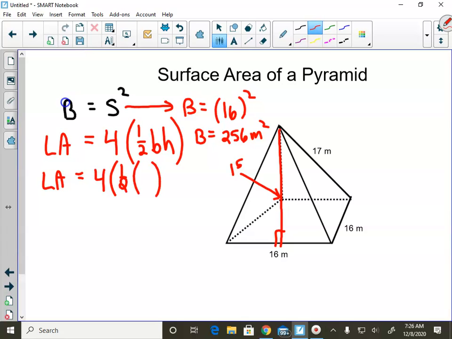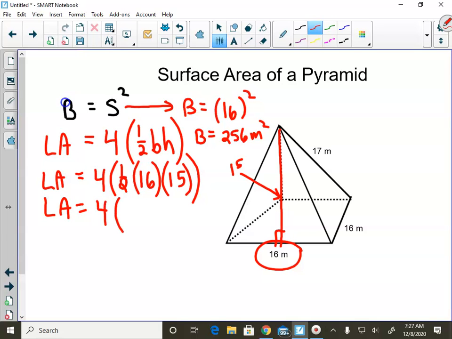Okay. The lateral area is now going to be this: 1/2, and then the base of the triangle times the height of the triangle. Well, the base of the triangle isn't 8. The base of the triangle is 16. So we have a 16 here, and then we have a 15 here. So our lateral area is going to be equal to, again, we're going to do 4 and do what's in the parentheses first.